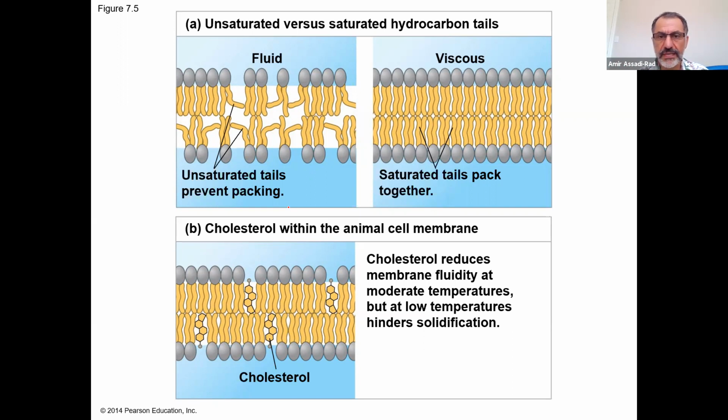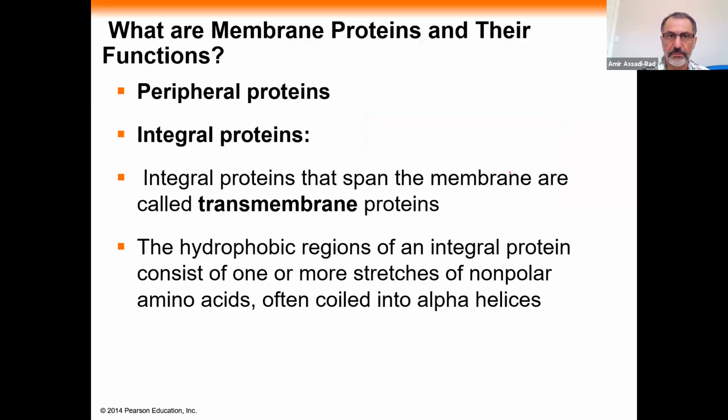And then when you have cholesterol in there, it reduces membrane fluidity, okay? It's not going to be as fluid as this membrane, and it's not going to be as tight as this membrane, okay? So membrane fluidity at moderate temperature, but low temperature hinders solidification, as I talked about.